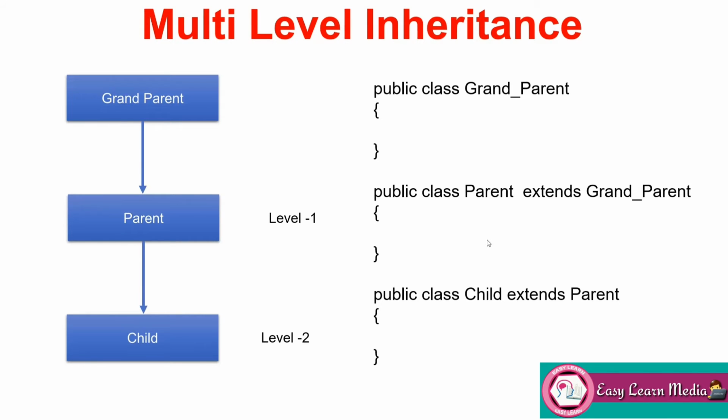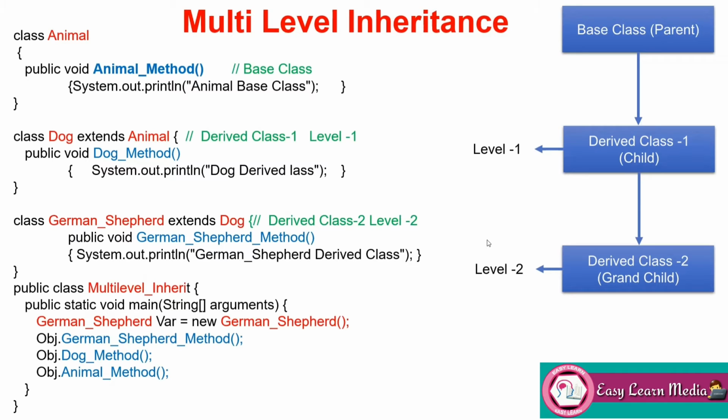Now let's see the example for multi-level inheritance. On the right-hand side I have given a pictorial representation, with a base class, derived class 1 and derived class 2. Here we use the same example as before.